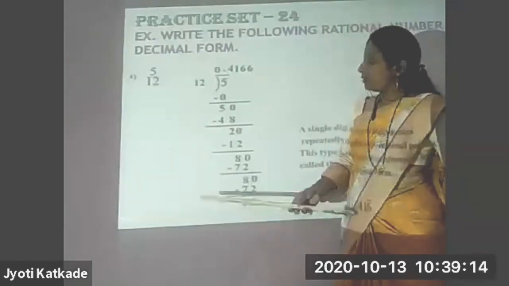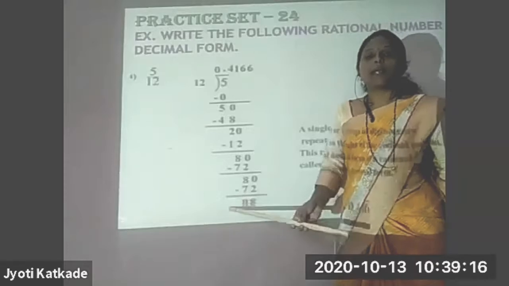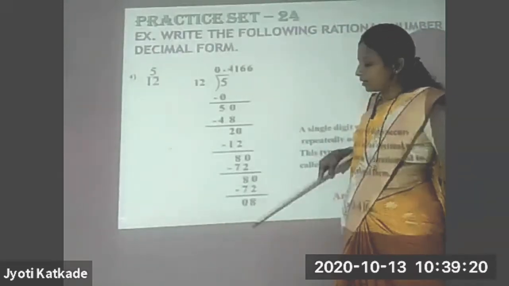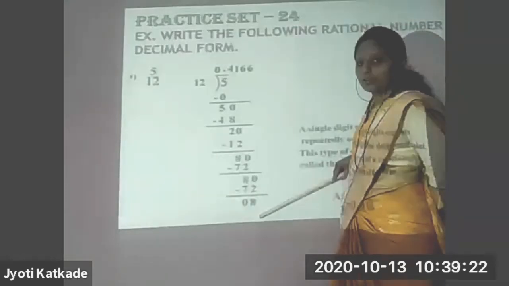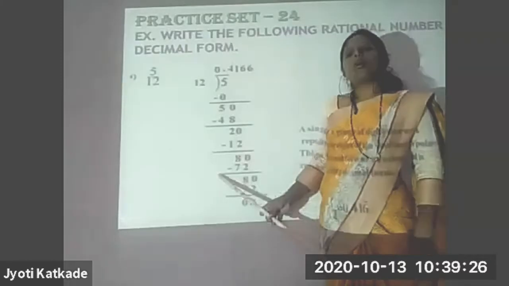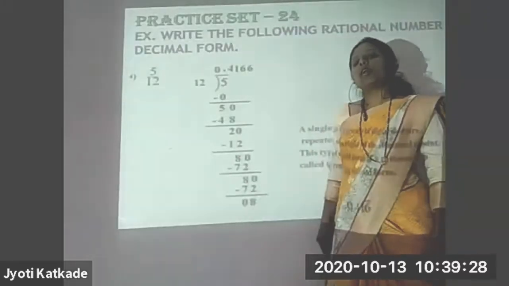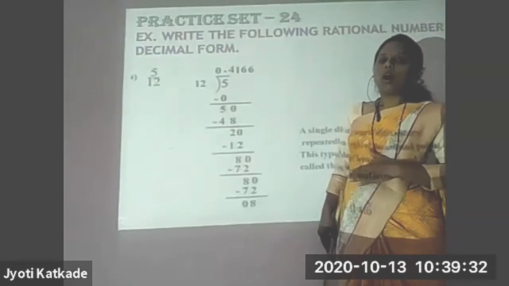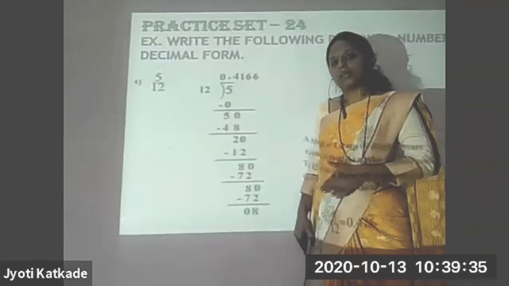Means when we can't get remainder as 0, there is one value 8 which is repeating again and again. Then this type of decimal form is called a recurring decimal form or non-terminating decimal form.